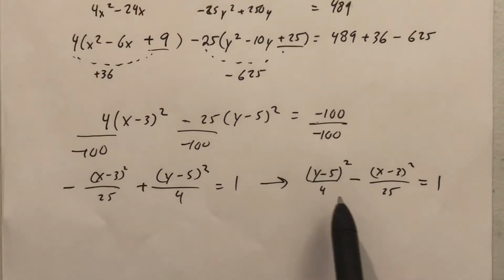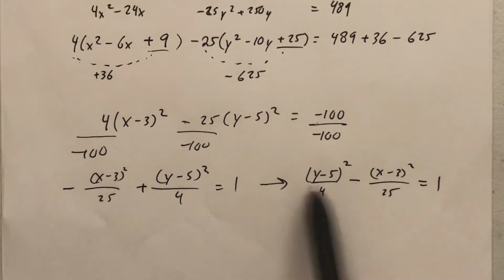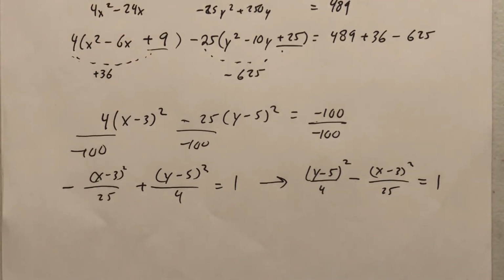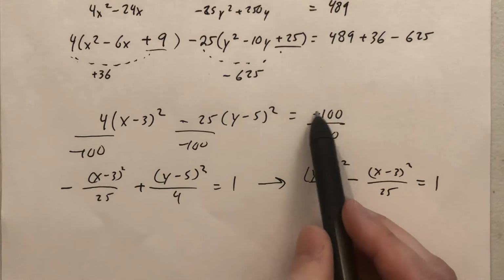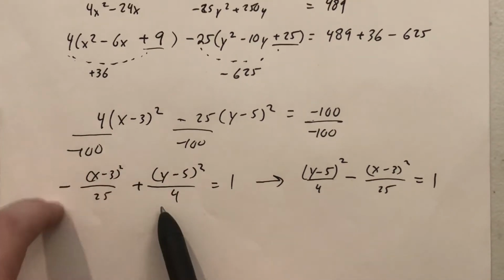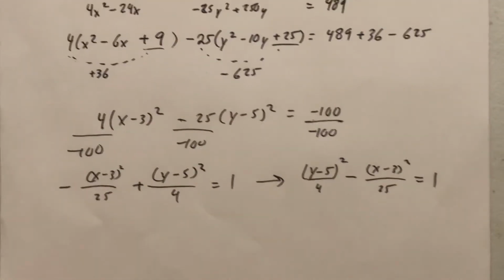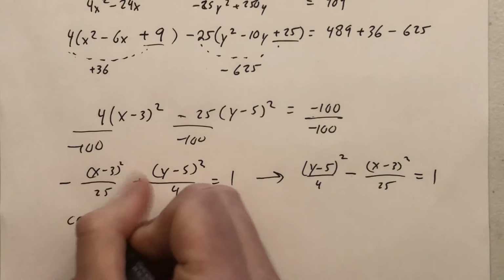It is pretty important that we get it arranged in a way that it's seen as a subtraction problem between these two terms, so we can really identify which variable came first, which kind of hyperbola we're dealing with, and all the rules of A and B as well. So just watch for that. It can happen, and if it does, here's how you resolve it. You divide by the negative, and then you basically need to swap those terms so you've got that subtraction where it needs to be.